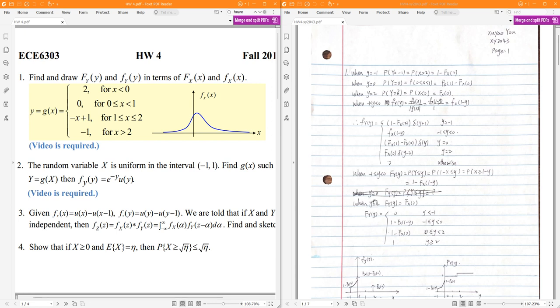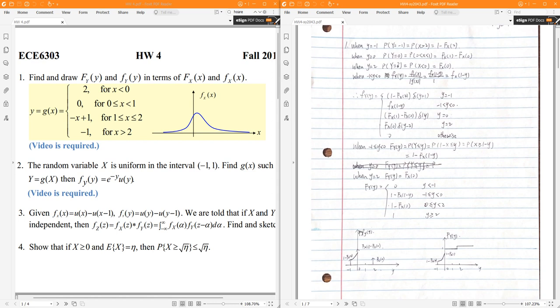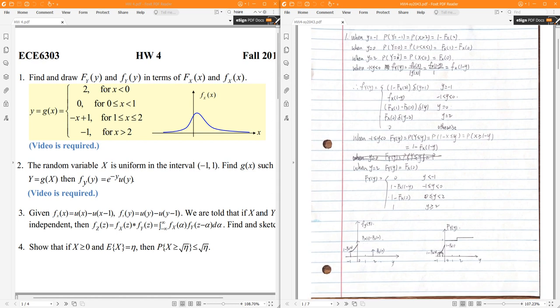When y is 2, we have calculated here that the probability is fx of 0. So the probability from 0 to 2 is actually 1 minus fx of 0. And also we can draw these two graphs according to the above formula.